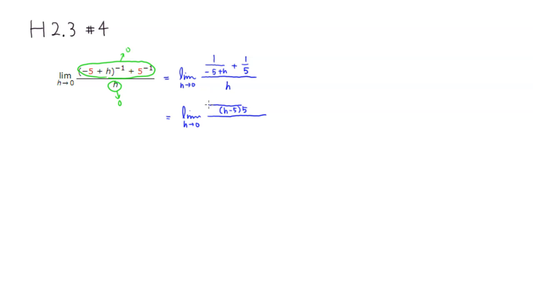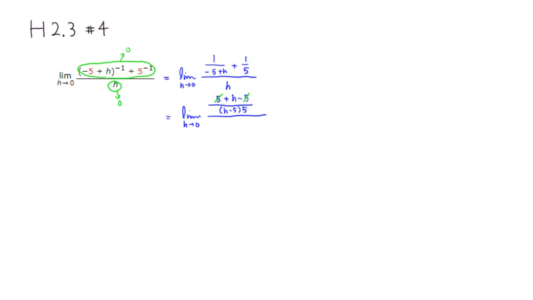Since we multiply the denominator here by 5, we have to multiply the numerator by 5, and then plus, we multiply the denominator 5 by h minus 5, so I'm going to put h minus 5 there.